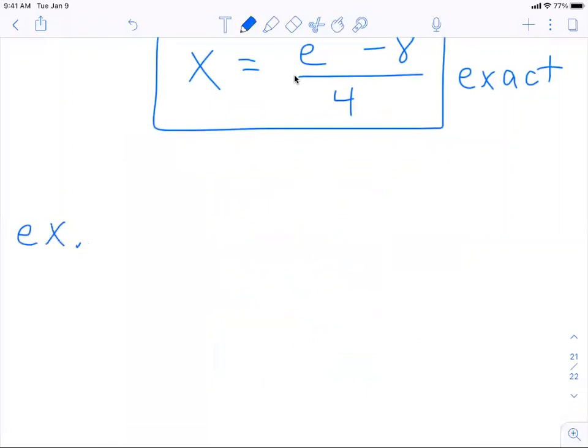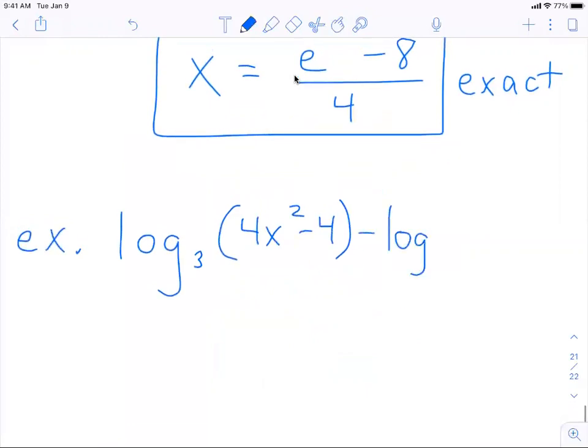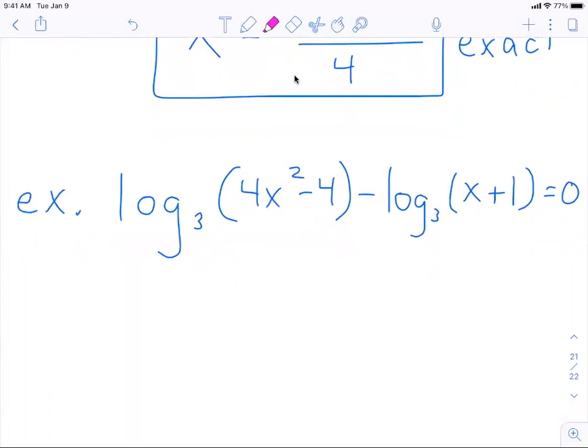Our next and last example for these is going to be log base 3 of 4x squared minus 4 minus log base 3 of x plus 1 is equal to 0. Now I see that I have log and a subtraction.